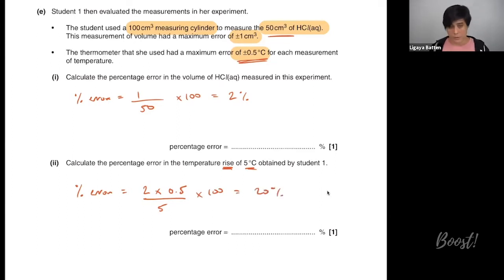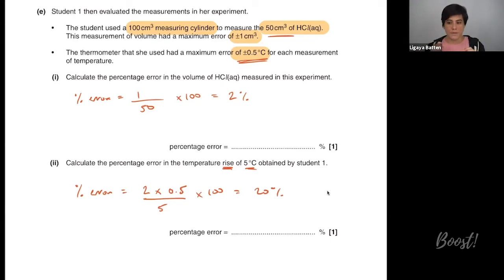Okay, so we can see here that for 2 reasons, we've got a higher percentage error in our temperature rise value than our volume percentage error. One reason is that the precision of our measuring cylinder was more appropriate to the measurement that we were taking.